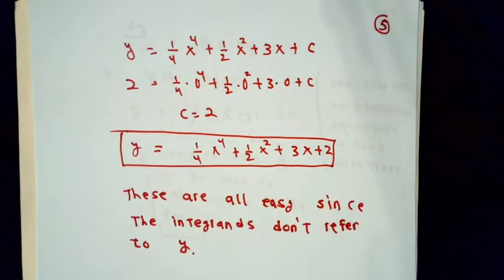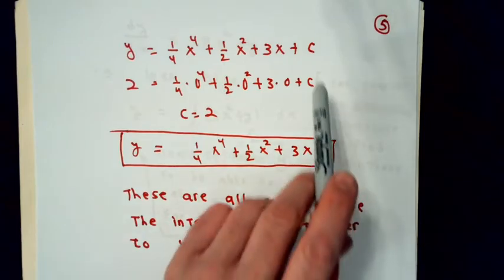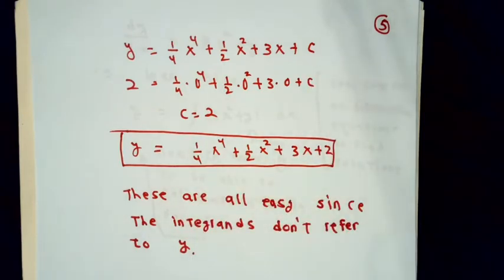Integrating again, you find out that y has to be 1/4 x to the 4th plus 1/2 x squared plus 3x plus a constant. Strictly speaking, I should have used a different letter rather than C, as I've used that one previously. However, we've already found the value of that C, so hopefully there'll be no confusion. dy/dx at x equals 0 told us the previous constant of integration.